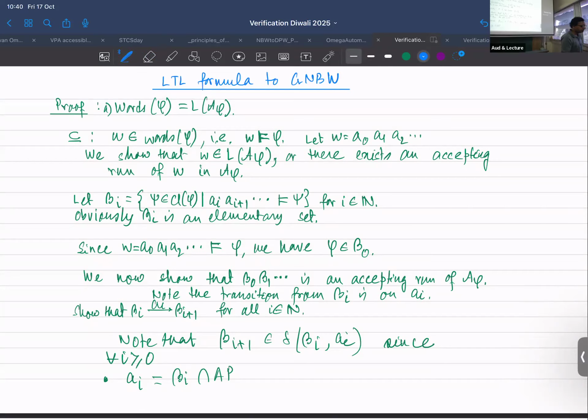The set of words corresponding to satisfying formula phi is exactly the language accepted by the automaton. So we are going to show both the directions. One is that words of phi is a subset of L of A phi. So if there is a word W which satisfies phi, then we want to show that there exists an accepting run of W in A phi.